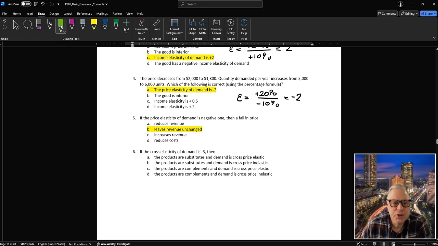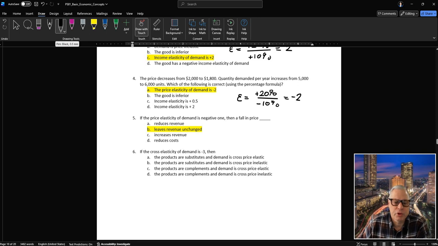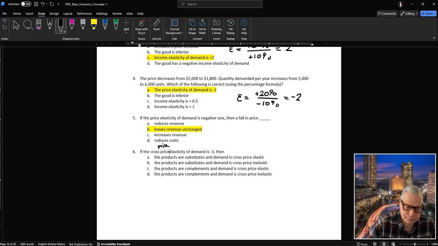Okay, so now let's talk about the cross price elasticity. If the cross price elasticity of demand is -3, what does that mean again?